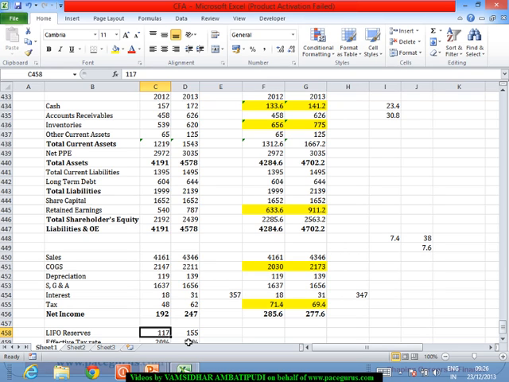So the taxes are going to increase by 20% of 117, which means the taxes are going to increase to 71.4, and because of that the net income is going to decrease by 20% of 117, which is 23.4. But the net income will still change by the extent of the change in cost of goods sold, resulting in a different change in the net income.